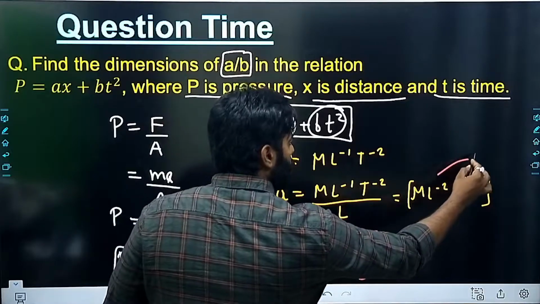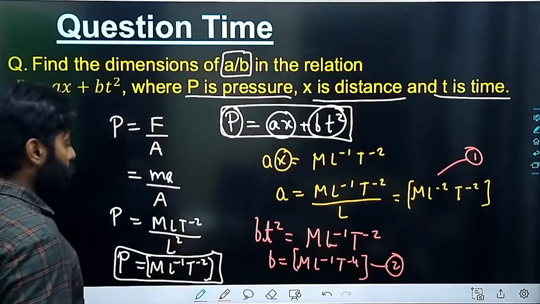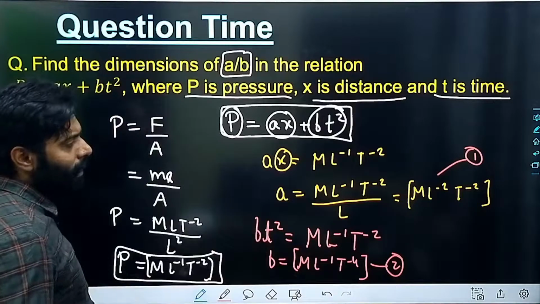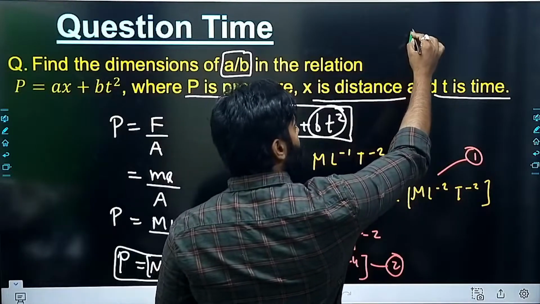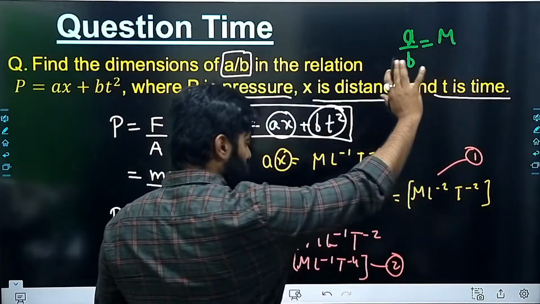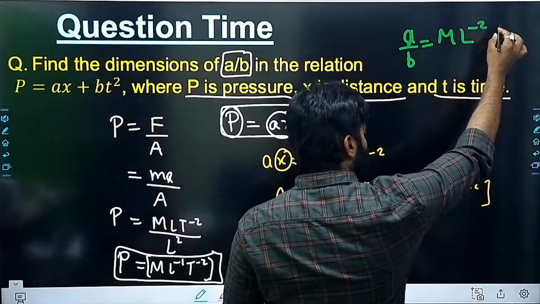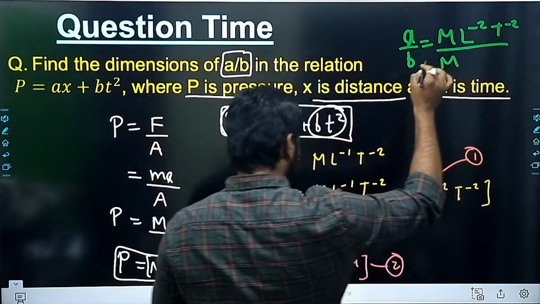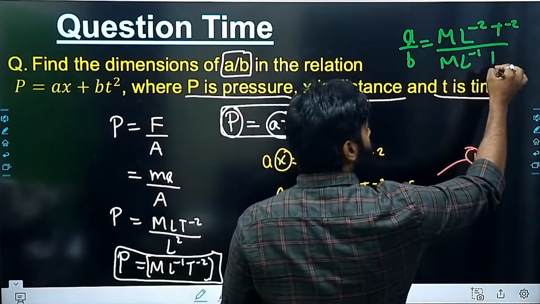So this is equation 1, this is equation 2, and you have to find the ratio of A by B. Do I need to solve anything else? You can easily find it. So that is A by B: ML minus 2 T minus 2 over ML minus 1 T minus 4.